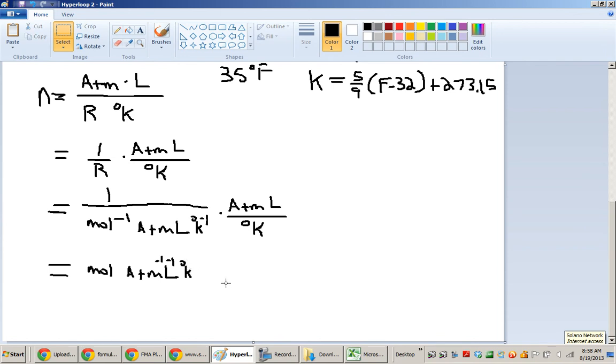What I'm doing here is I'm saying, well, I know that this thing has to have moles at the end, so I know that it has to have the inverse of whatever it takes to cancel these units plus inverse moles, and that's what I have. And right now I'm just showing you how they actually would cancel out. So let's check this out.